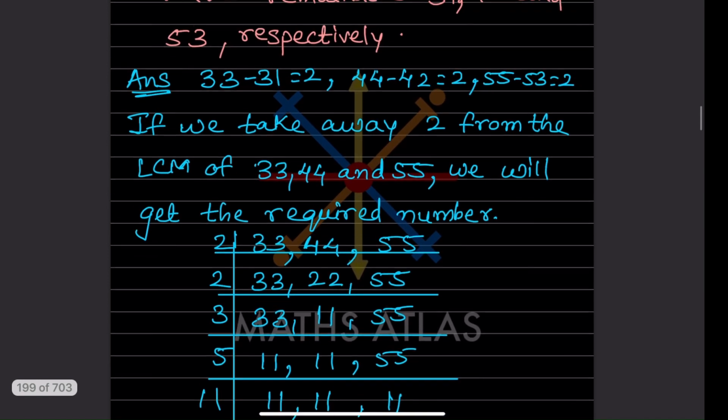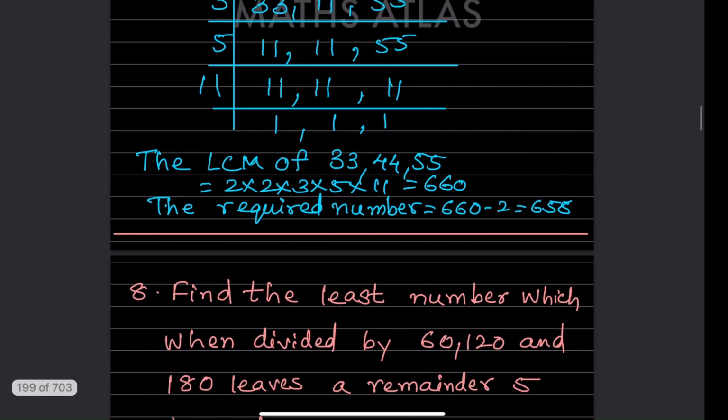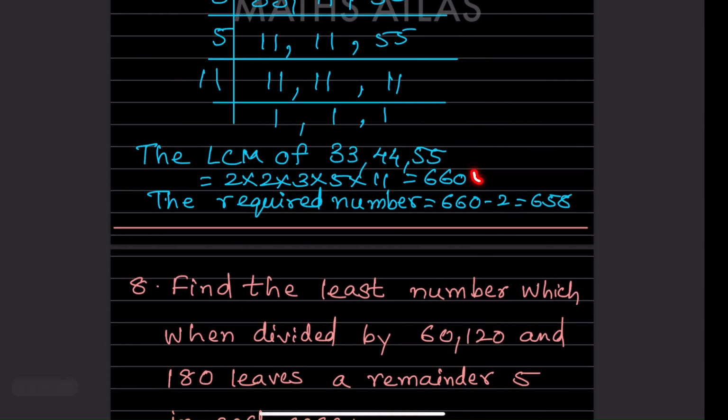But now what you can see is that in every number, the difference is 2. Isn't it? When we subtracted this, we got the difference as 2. So what are you going to do? From the final answer, you are going to subtract. So the required number is 660 minus 2, that is going to be 658. So this is the answer. Hope you got it. This is important.